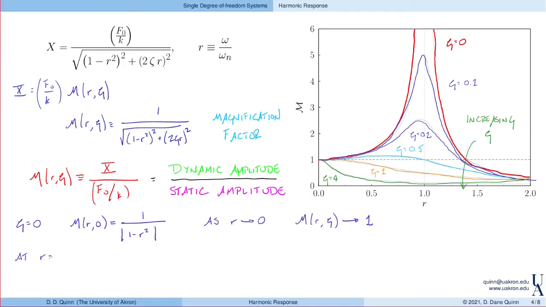At r equals 1, the amplitude ends up reducing to 1 divided by 2 zeta.